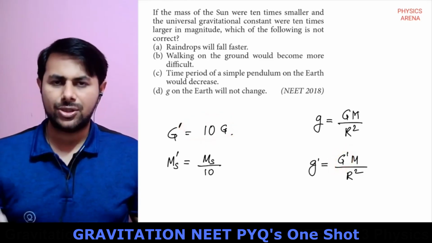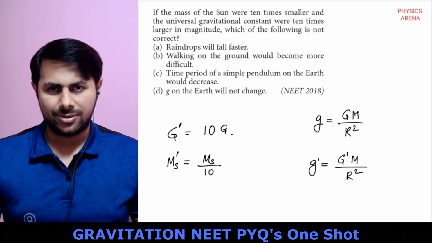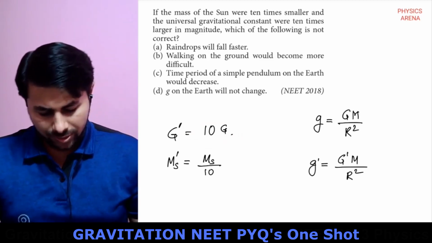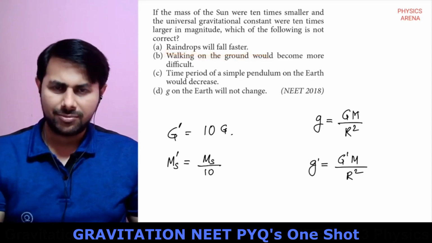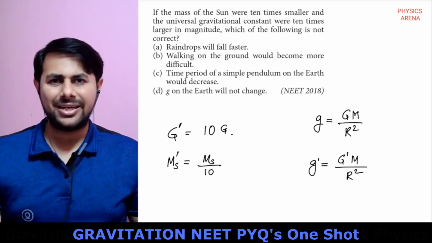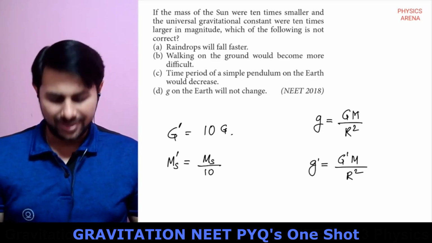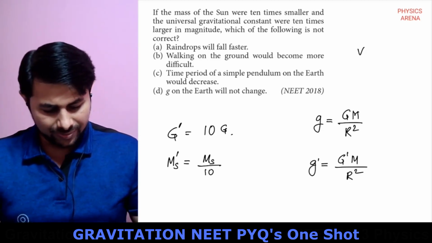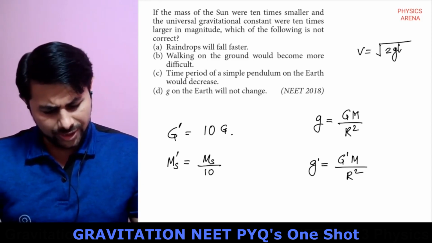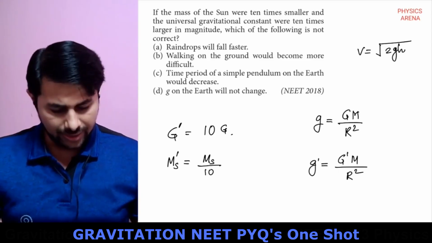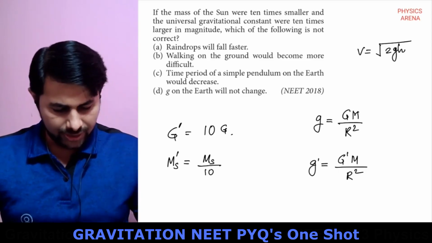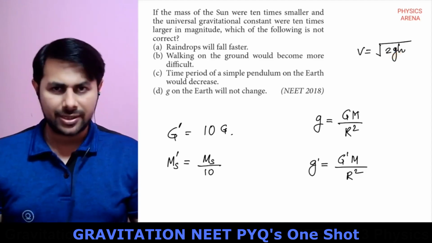So that means acceleration due to gravity will become 10 times larger. So raindrops will fall faster because Earth is attracting them with 10 times greater magnitude, right? So v, which is square root of 2gh, if they are falling from some height h. So since g is increasing, v will increase.